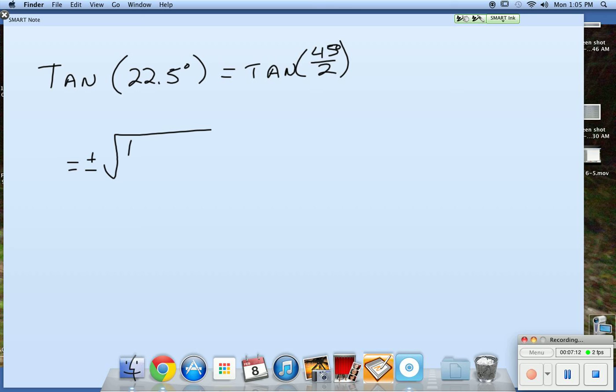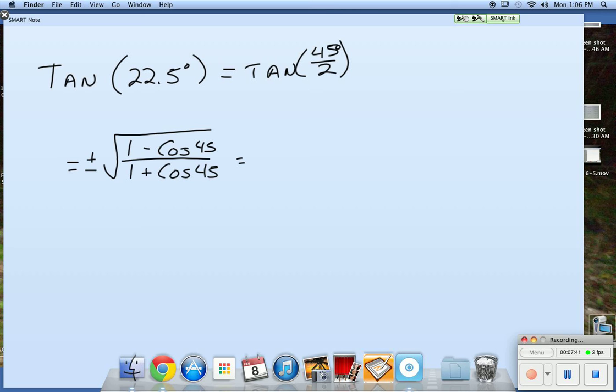1 minus cosine of 45 over 1 plus cosine of 45. What's cosine of 45? Cosine of 45, come on, you guys.